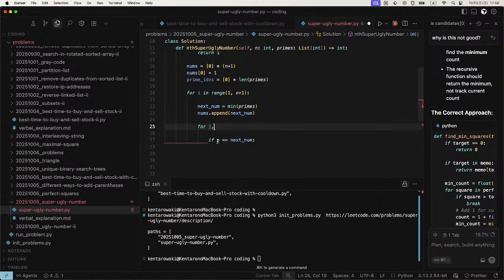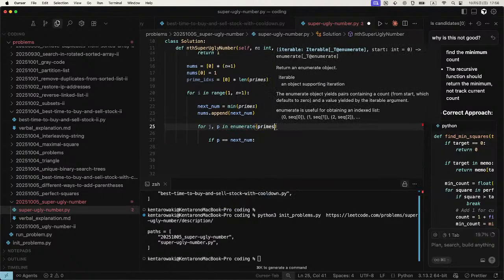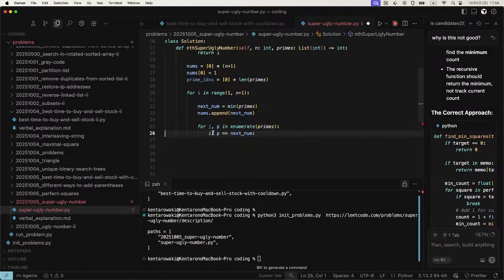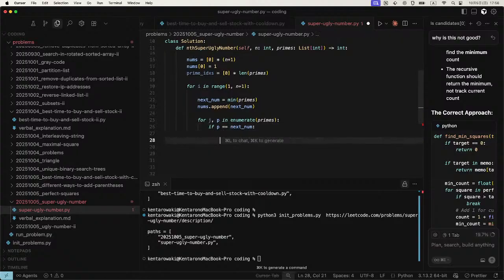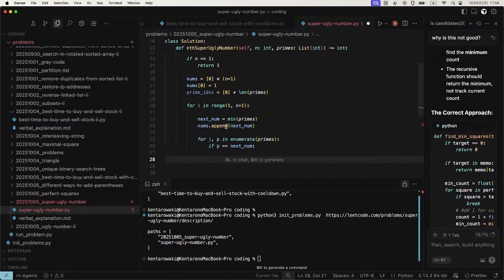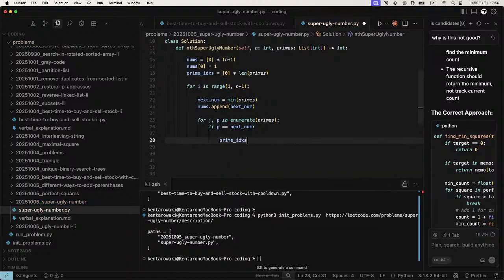We also need an index, so we use enumerate on primes to get the index j, and for the prime indices at j, we increment.